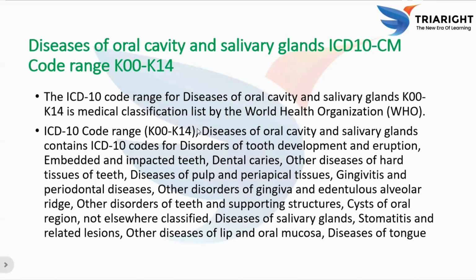And this code range includes diseases of the oral cavity and salivary glands, disorders of tooth development and eruption, embedded and impacted teeth, dental caries, and other diseases of hard tissues of teeth, and also gingivitis and periodontal diseases, cyst of oral region, diseases of salivary glands, stomatitis, and also the related lesions. Let's go into a brief description of these codes with examples.